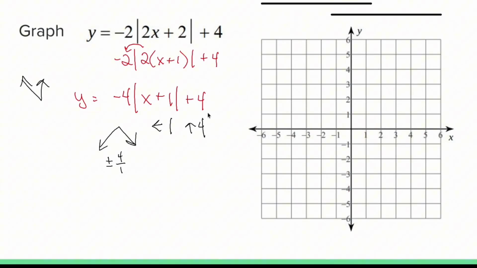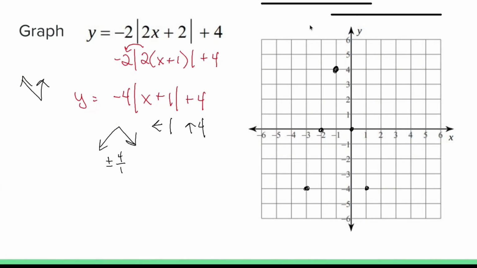So drawing this out is going to have me starting from 0, 0 and putting a dot at -1, positive 4, like so. Then I'm going to have an upside down V with slopes of 4. So I can go down 4, left 1. Or I can go down 4, right 1, down 4, right 1.